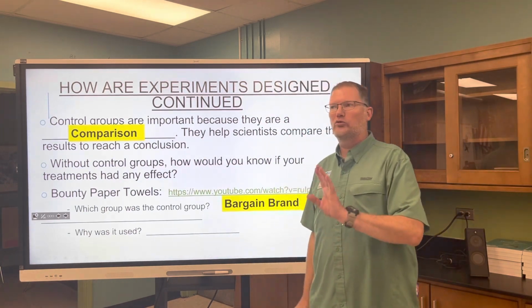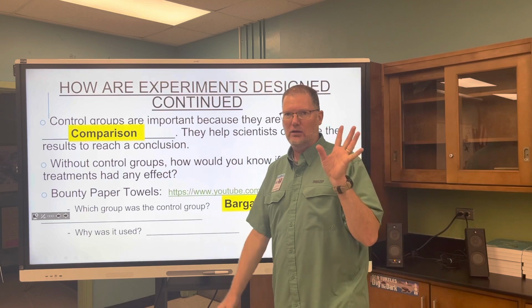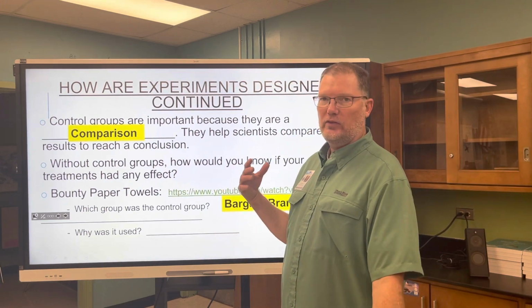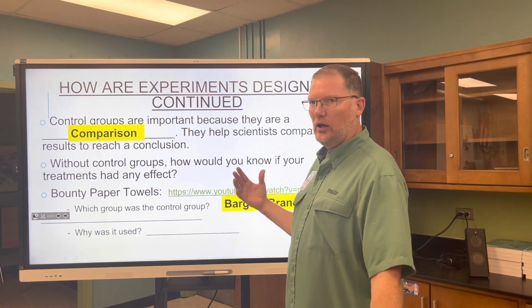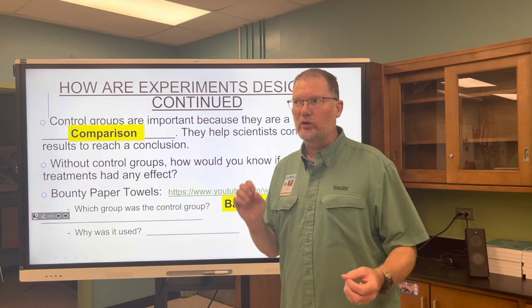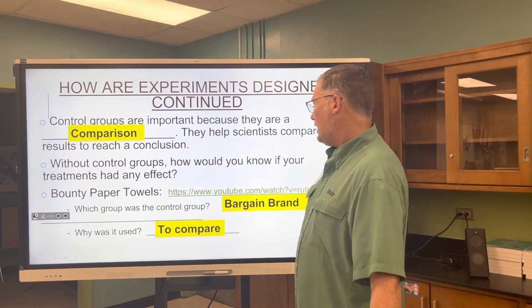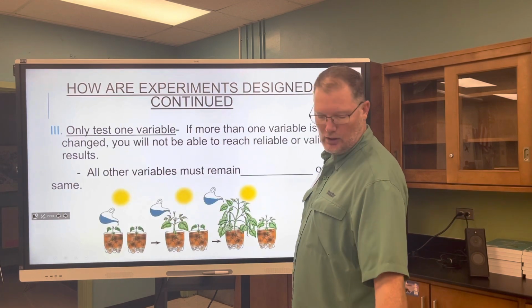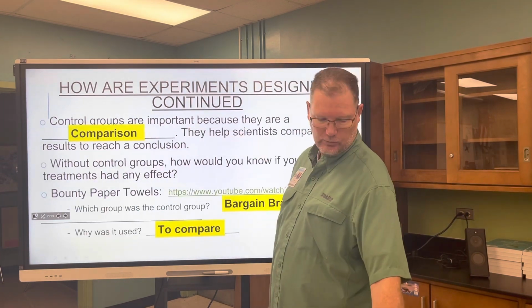The bargain one was where they didn't do anything. They were comparing it to that. And then of course, the independent variable group, the one that they changed, the experimental group, was the Bounty, okay? And they used it to compare the two. And that's where comparison comes from, okay?